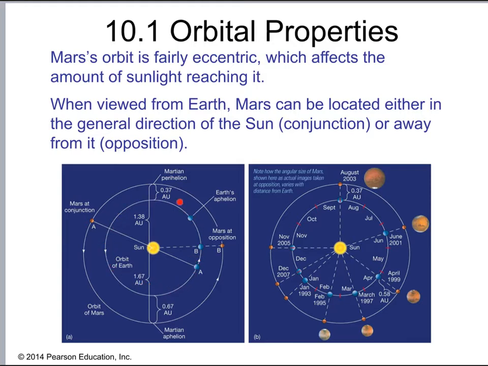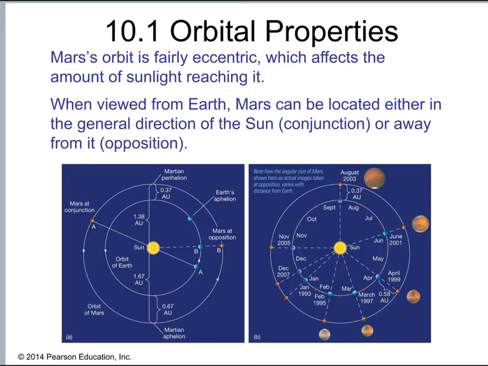It's a little bit smushed out, but it's much closer to a circular orbit than the orbit of Mars. You can see that Mars is more eccentric in its orbit. It's more smushed. Note the sun is a little bit offset from the center, more so in Mars, and that affects the amount of sunlight reaching it because sometimes it's closer to the sun, sometimes it's further away from the sun.